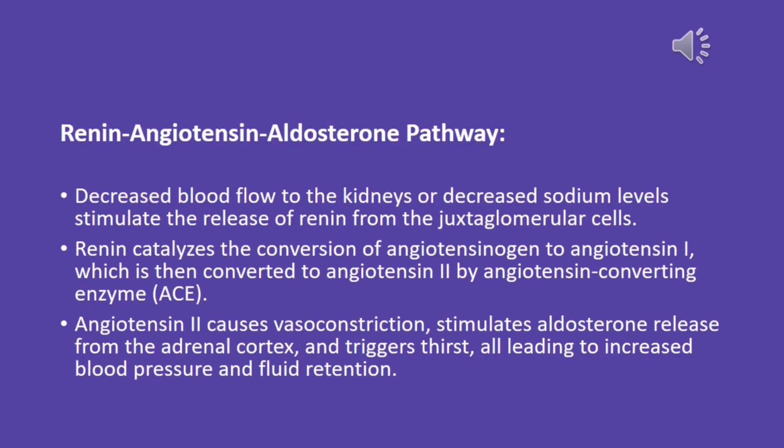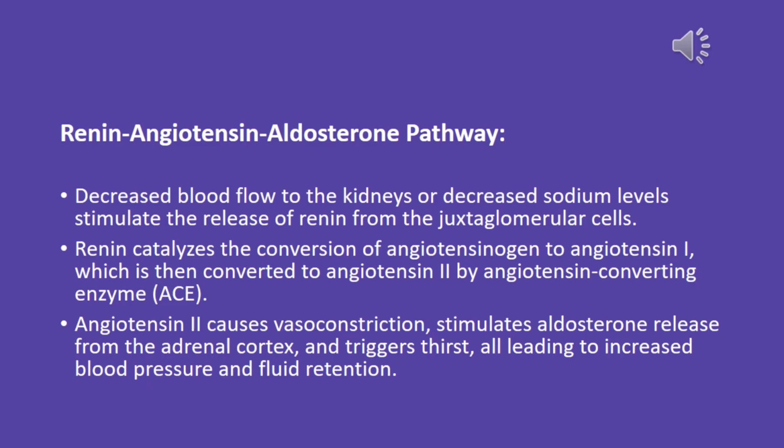Renin-Angiotensin-Aldosterone pathway. Decreased blood flow to the kidneys or decreased sodium levels stimulate the release of renin from the juxtaglomerular cells. Renin catalyzes the conversion of angiotensinogen to angiotensin I, which is then converted to angiotensin II by angiotensin-converting enzyme.